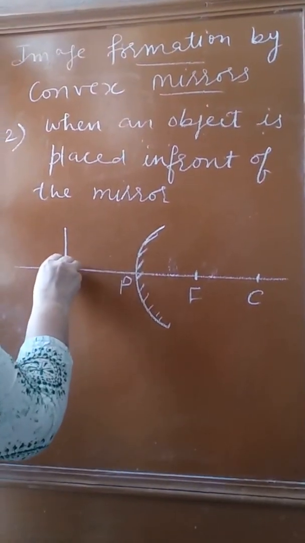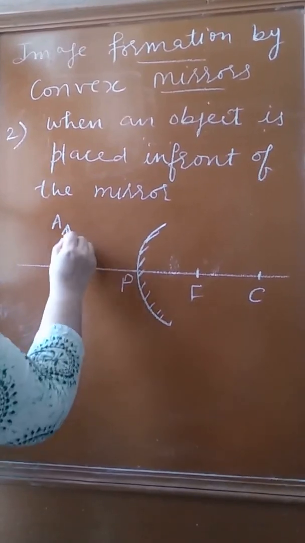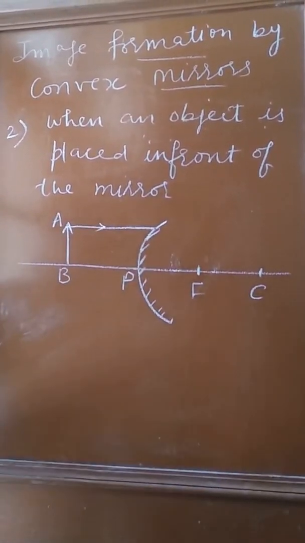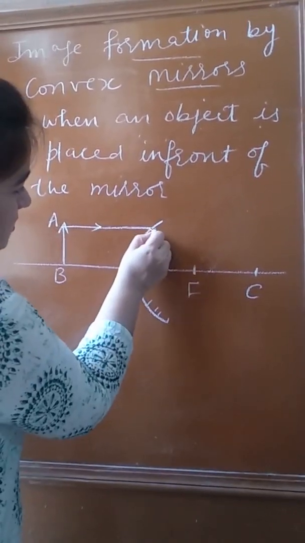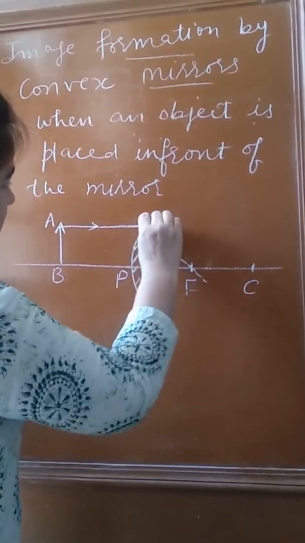Now when the object is placed in front of a convex mirror, a ray incident on the mirror appears to diverge from the focus.